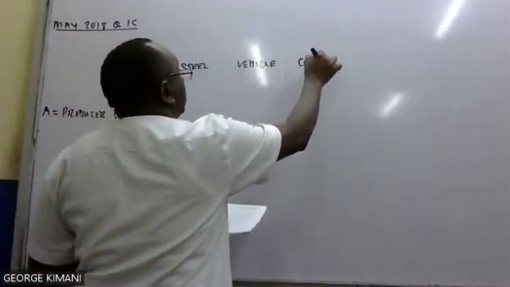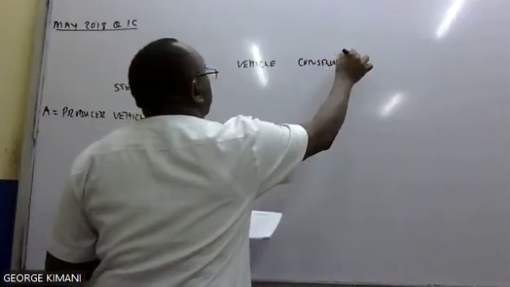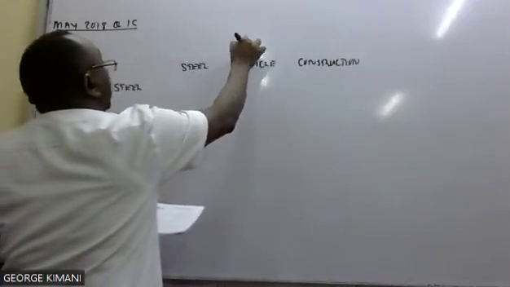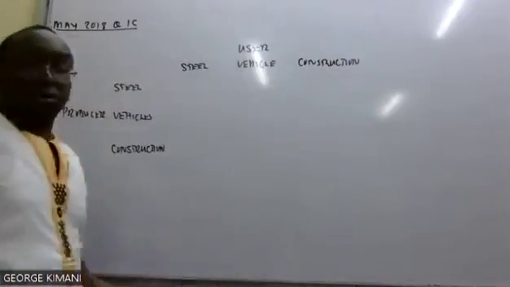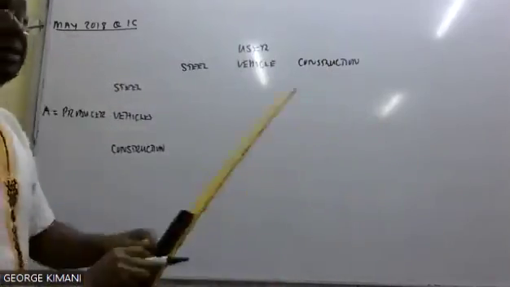Vehicle, construction. We have the user. So I want that matrix.